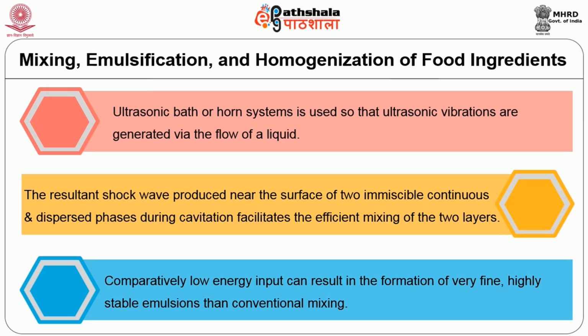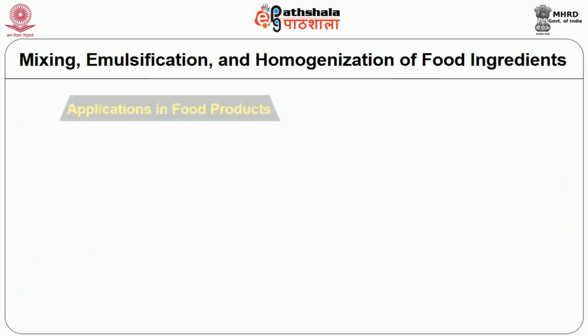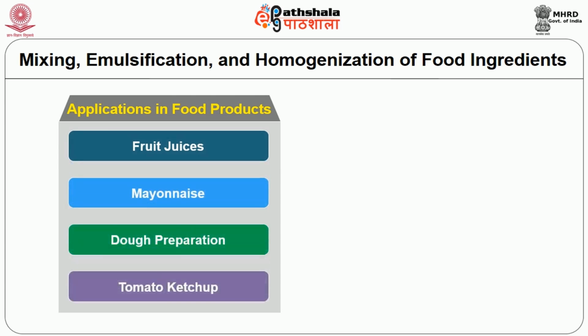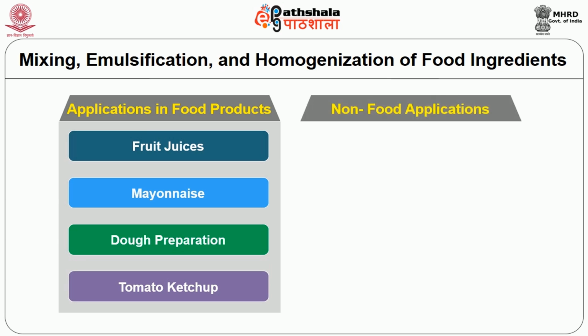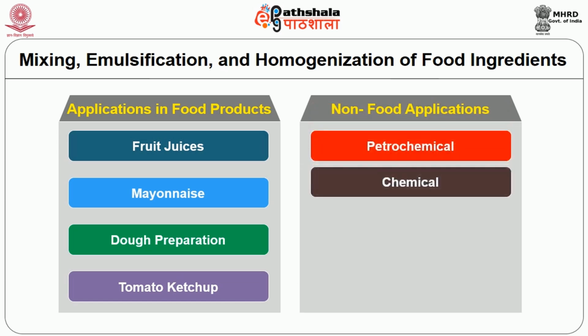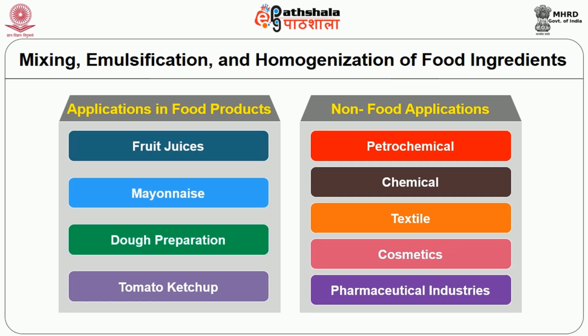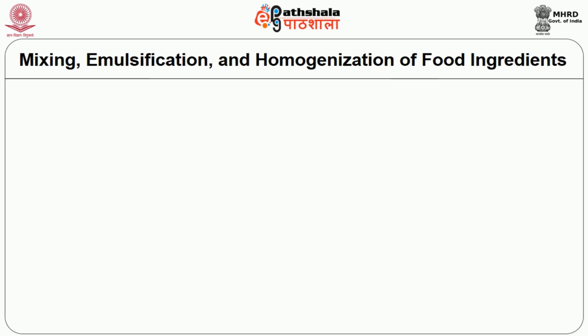Comparatively, low energy input can result in the formation of very fine, highly stable emulsions compared to conventional mixing. Ultrasonic mixing finds its application in food products such as fruit juices, mayonnaise, dough preparation and tomato ketchup, and also non-food applications in petrochemical, chemical, textile, cosmetics and pharmaceutical industries.